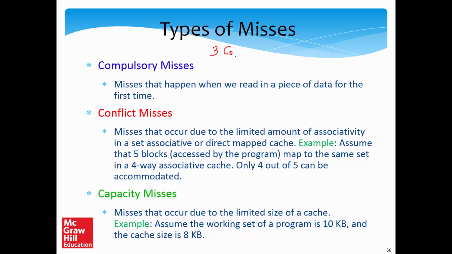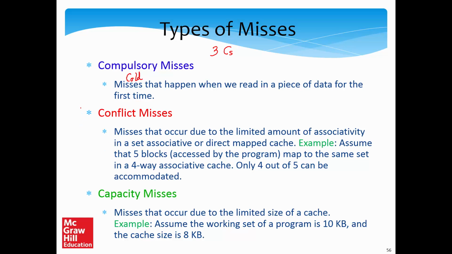These are misses that happen when we read in a piece of data for the first time, so they're also called cold misses. They happen, for example, when the program is starting up: none of the data will be in the caches, so we need to read it for the first time, and these misses have to happen. They are called cold misses because essentially when the program starts, it's cold.